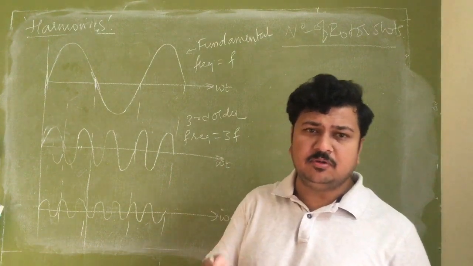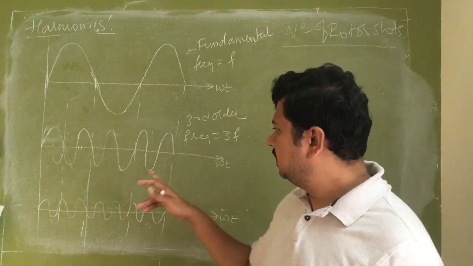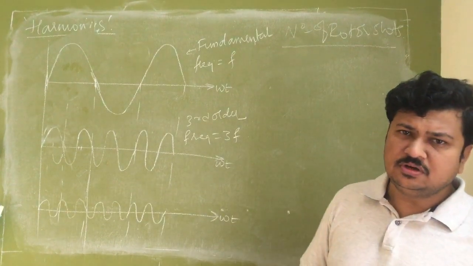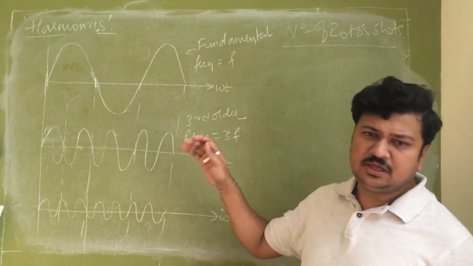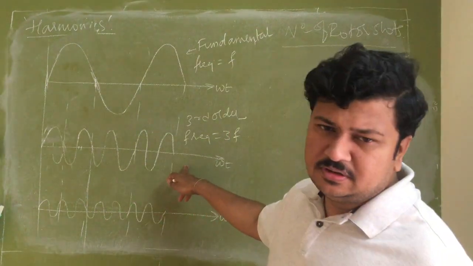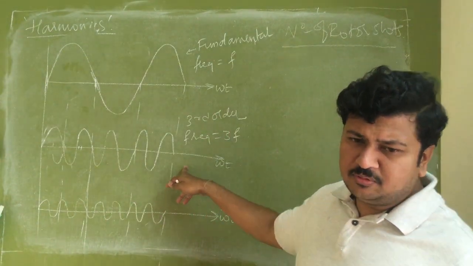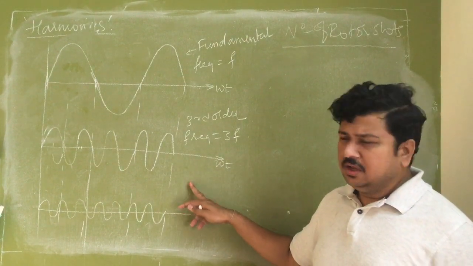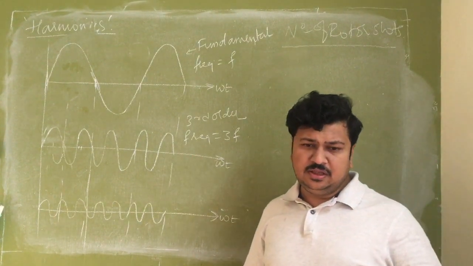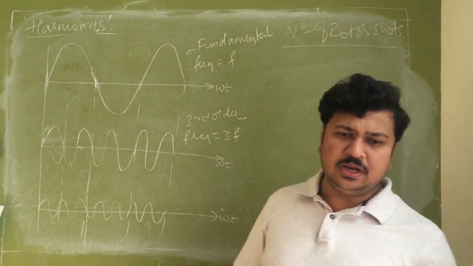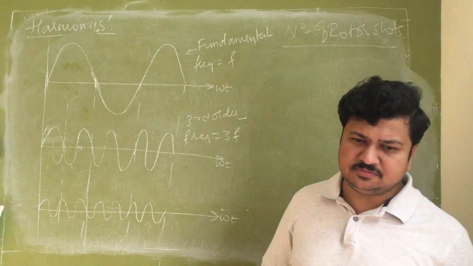Whatever order of harmonics I have in the current wave, I will observe the same order in the flux wave. So the flux linking from stator to rotor itself has harmonics. Those harmonics in the flux wave will induce an EMF in the rotor, and the induced EMF will also have harmonics.